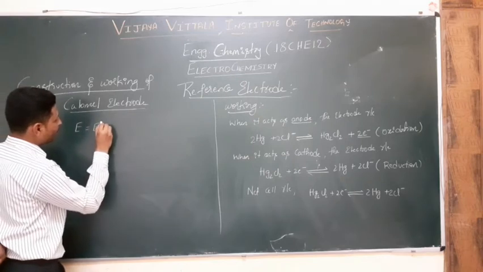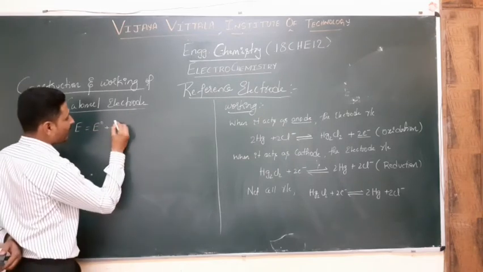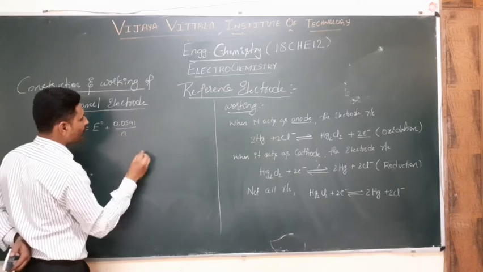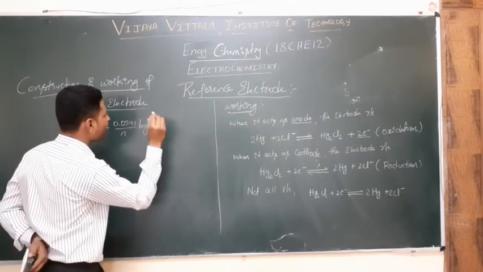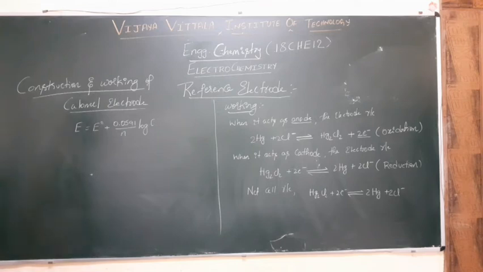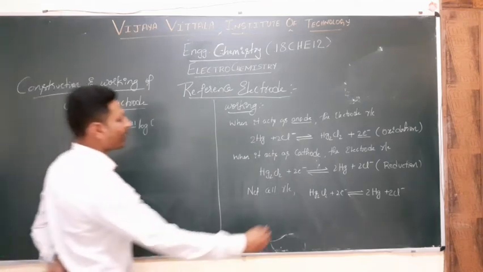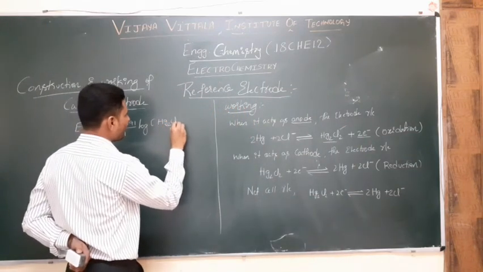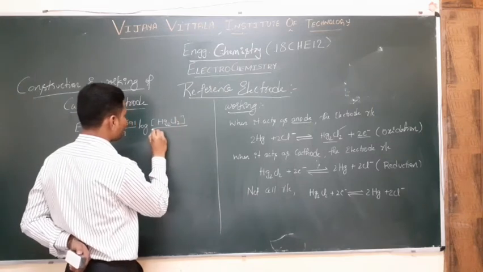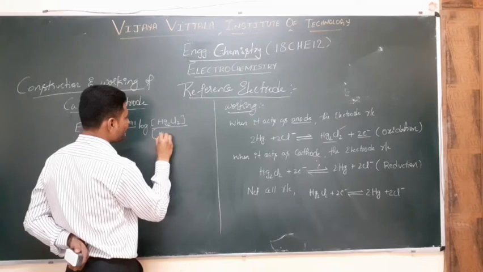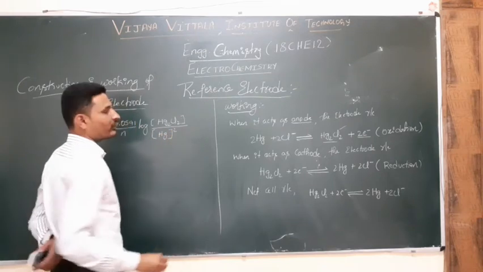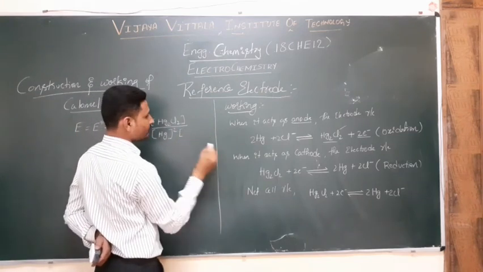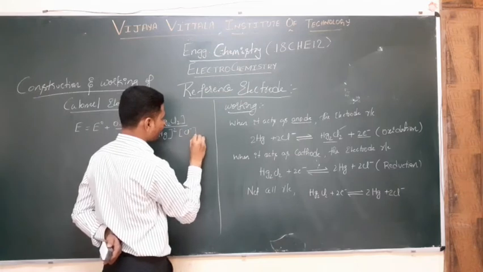E is equal to E naught plus, at 298 Kelvin, 0.0591 divided by n into log of the molar concentration of product by reactant. Here the product, when it acts as anode, is Hg2Cl2. The reactants are Hg, 2 moles of Hg, and 2 moles of Cl minus.